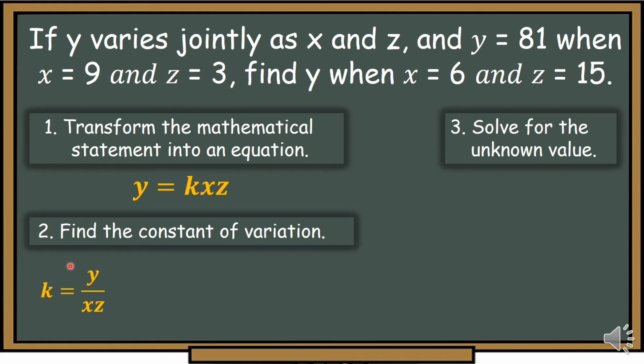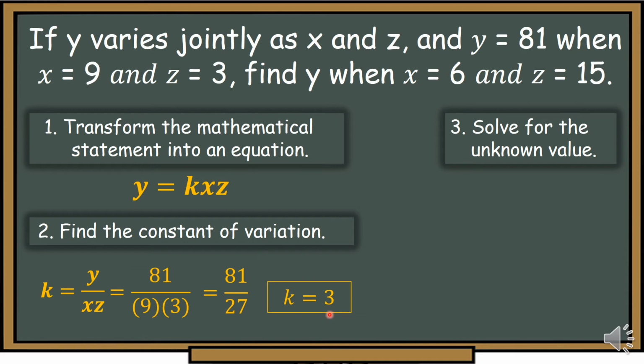Our y is 81, our x is 9, and z is 3. So just substitute that. So we have 81 over 9 times 3. 9 times 3 is 27. And then 81 divided by 27 is equal to 3. Our k, or the value of the constant of variation, is 3.